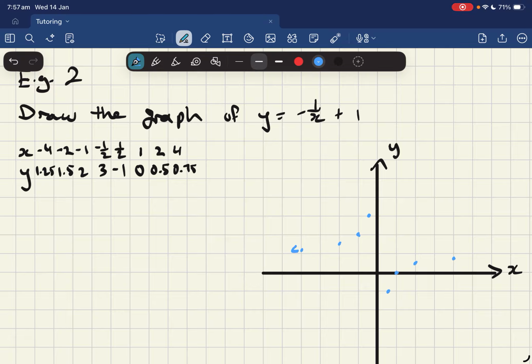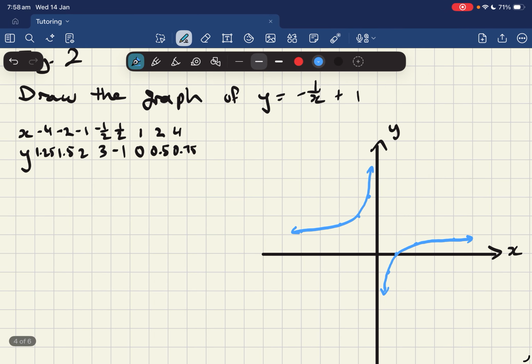I'm going to get something that looks like this. And I'm going to get something that looks like this. Let's try that again. So I noticed something happening.